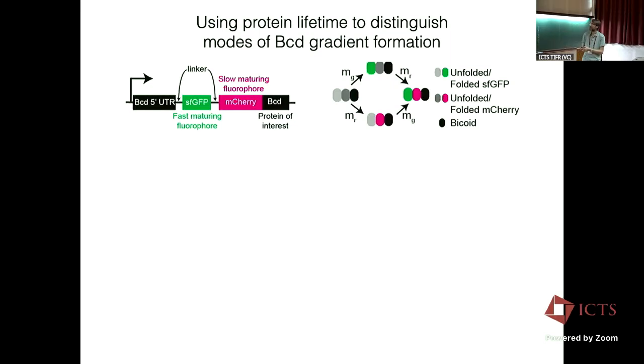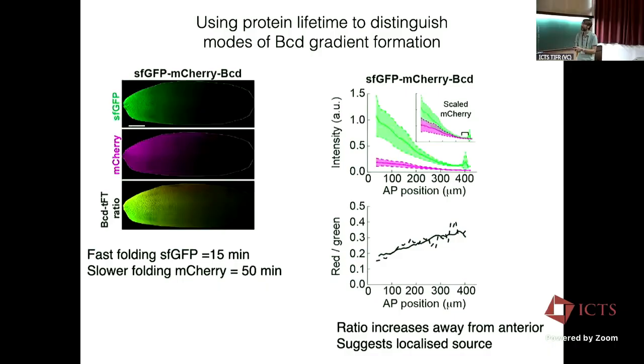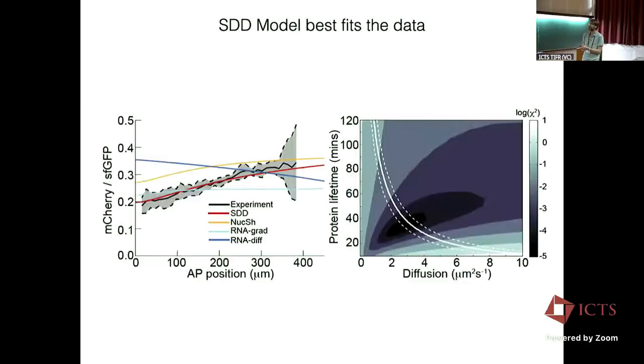And so we actually generated this. This is actually my only real bit of biology I've ever done in my life, making this construct. We made a whole range of these, and after careful control, you can measure the ratio of the red to the green signals. And you can kind of see that the ratio is going up, and to be relatively quick, it turns out that only the SDD model can fit the observed ratio of the ages of the protein.